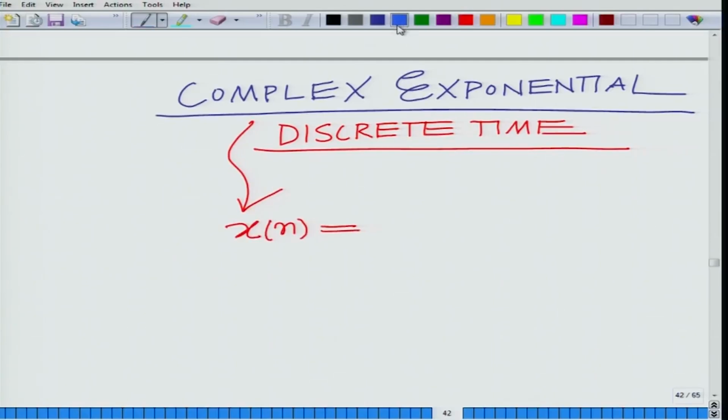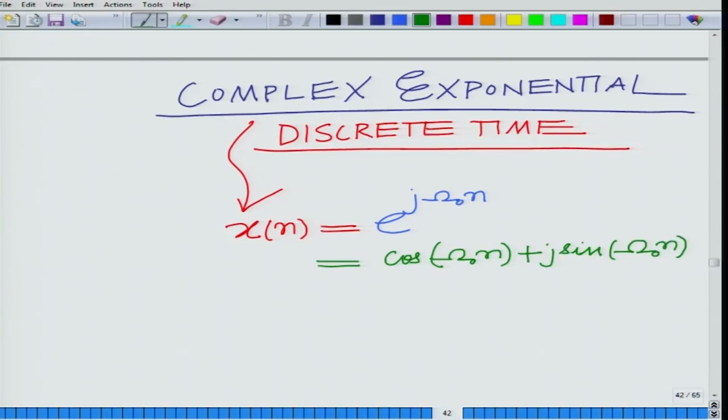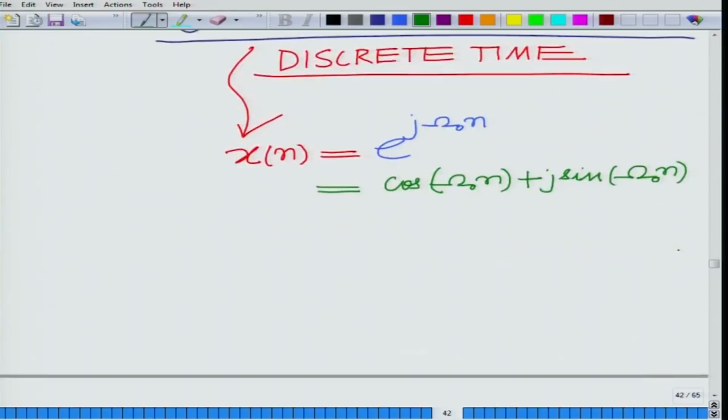X of n is e raised to j omega naught n, where omega naught is again the frequency, which is equal to cosine omega naught n plus j sine omega naught n.